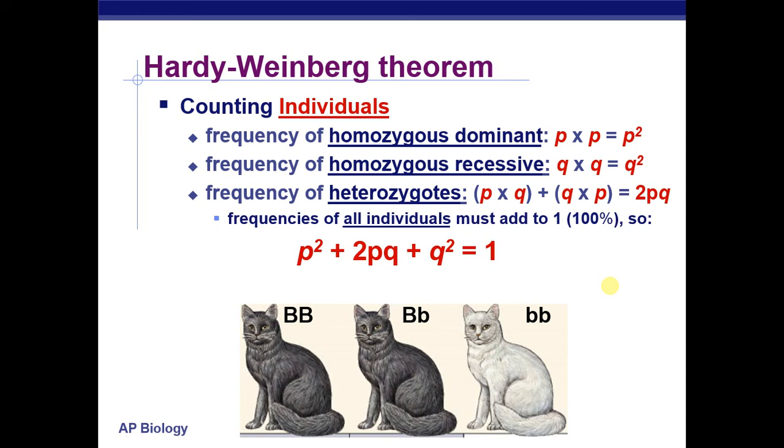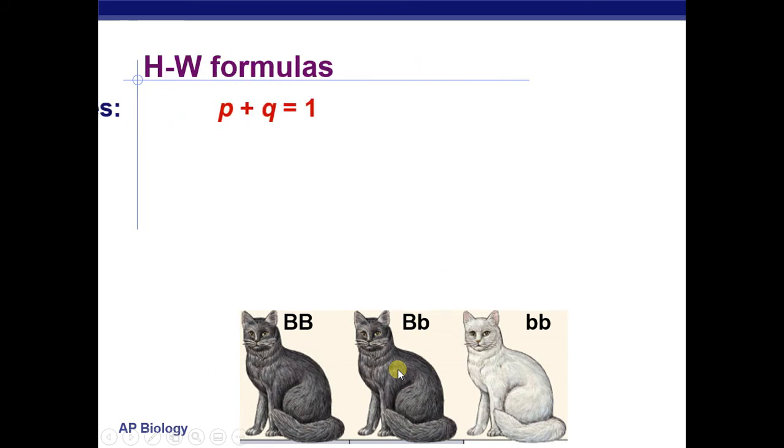Again, frequency of the homozygous dominant phenotype, p squared. Frequency of the homozygous recessive, q squared. Heterozygote, 2pq.